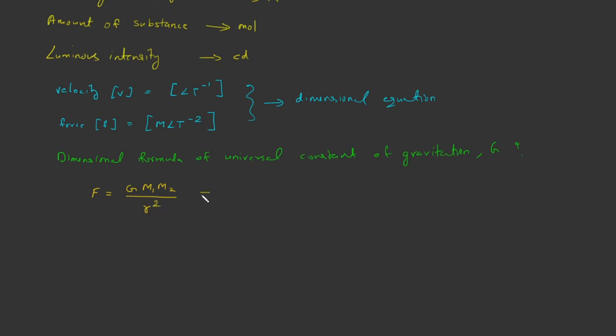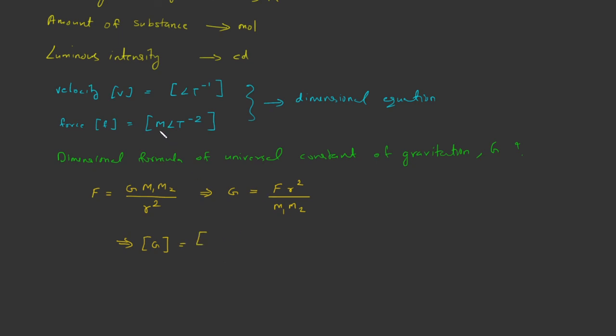From this we can write G, the universal constant of gravitation, is equal to F r square divided by m1 m2. Now we can find the dimensional formula of G by writing the dimensional formula of these physical quantities.